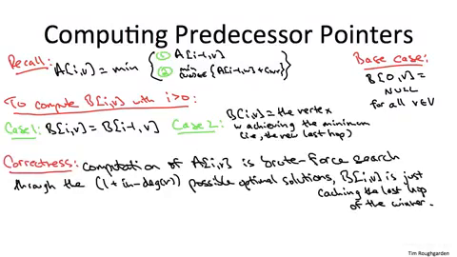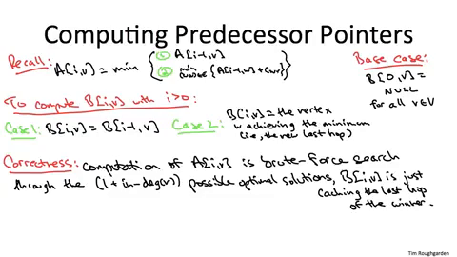Now notice that just like the formula that we used to populate the capital A array, the original array, to compute these B[i][v]s, all we need to know is information from the last round, round i minus 1. So just like with the A array, we can throw out all of the predecessor pointers that date back before yesterday, before the previous round.